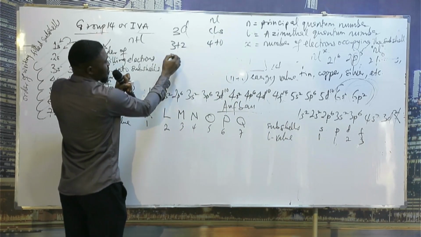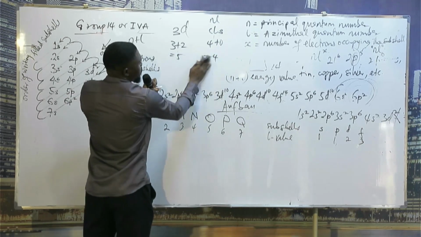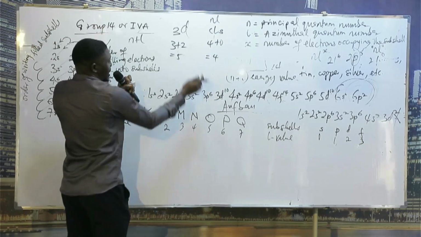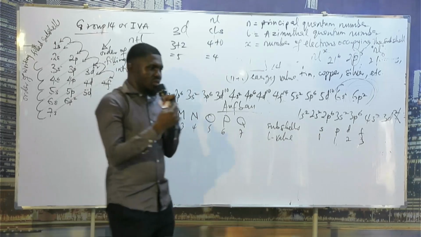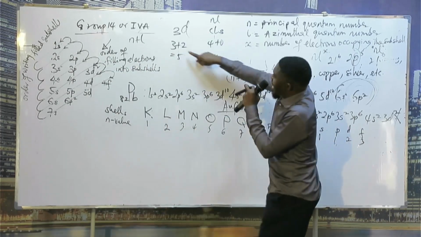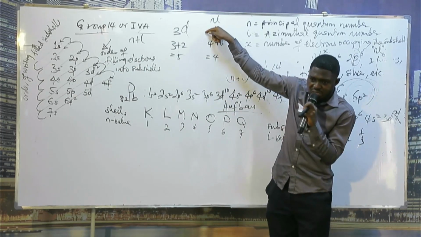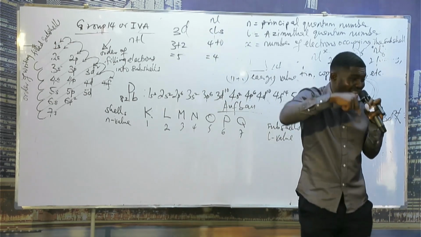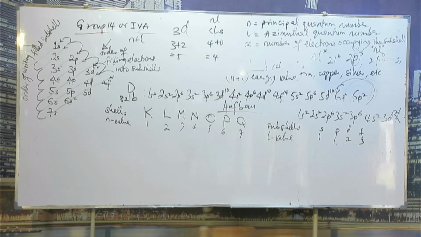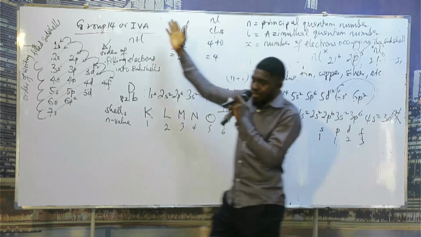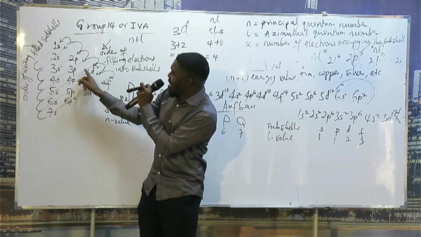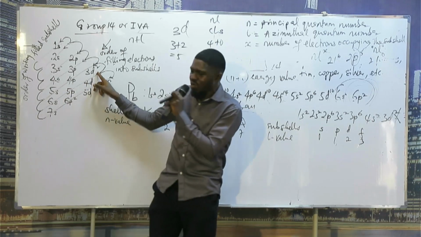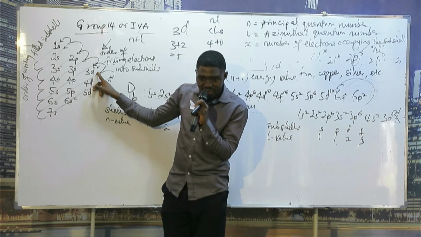What is this? 4, right? Compare this and this. Which one is smaller? So the one that has smaller n plus l value should take electron first, should be filled first in an equal filling only. That is why when you are filling, you fill 4s before filling 3d.